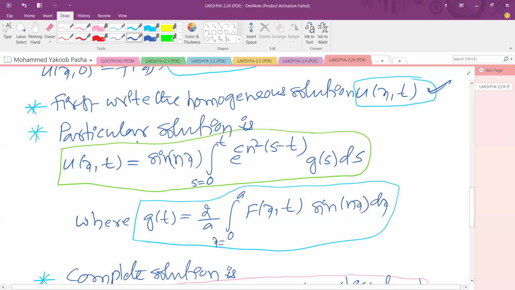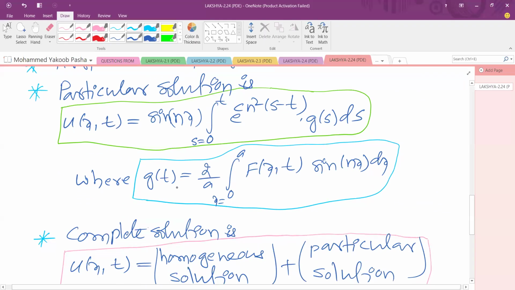The formula is u(x, t) = sin nx ∫ from s = 0 to t of e^(cn²(s−t)) g(s) ds, where g is an unknown function given by g(t) = (2/a) ∫ from x = 0 to a of f(x, t) sin nx dx. We take this from the half-range Fourier sine series.